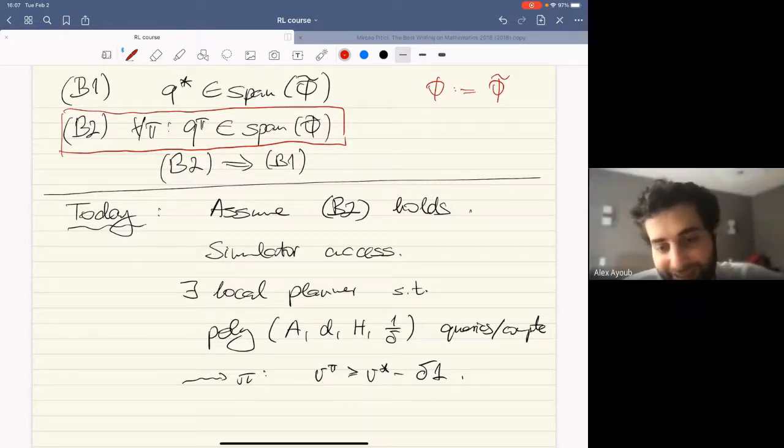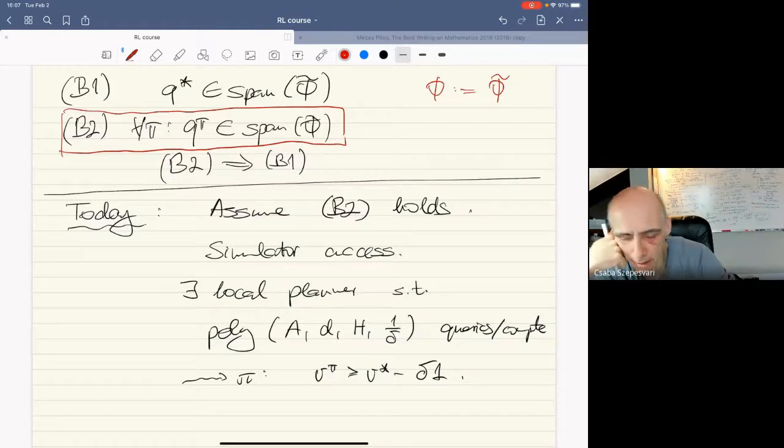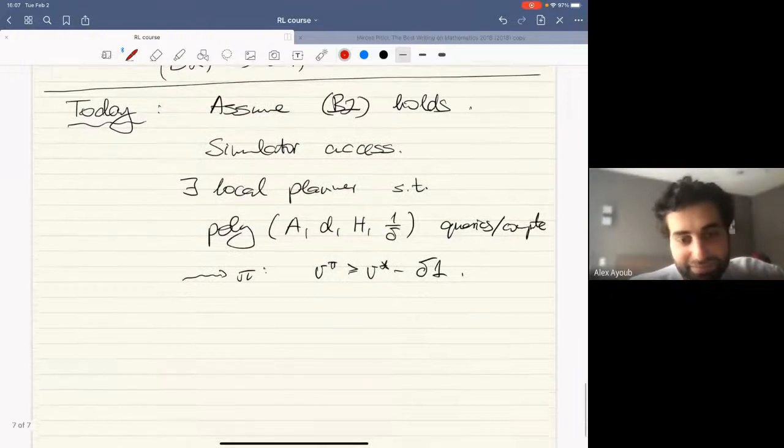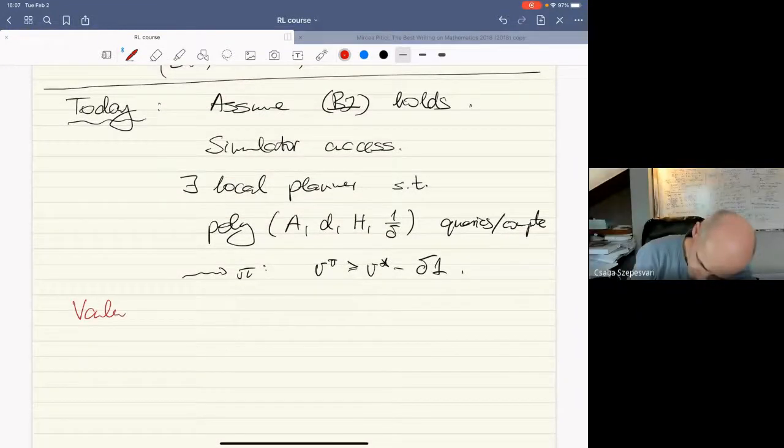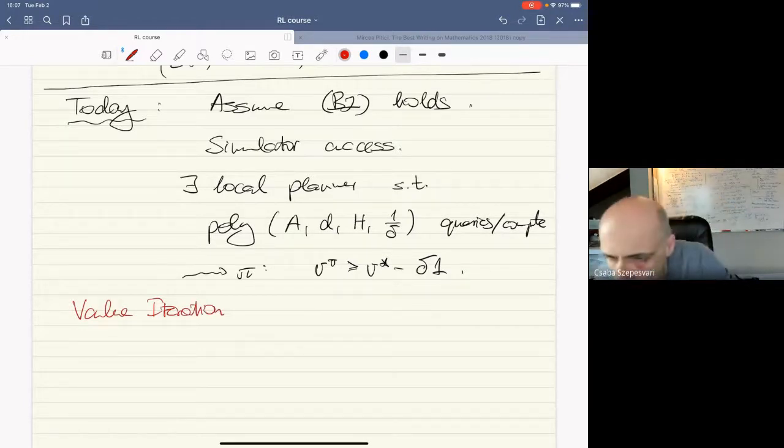Value iteration. Yeah, you heard about value iteration. Good. Tell me the name of another algorithm that you heard about. There's only one more. Okay, Wesley.